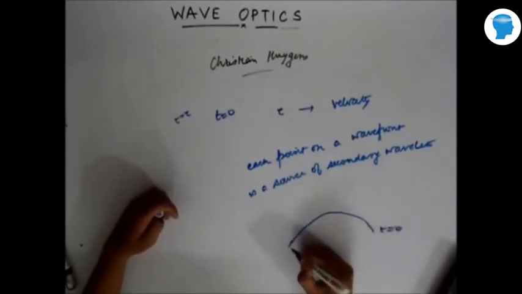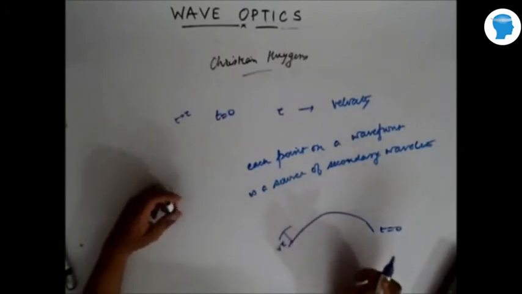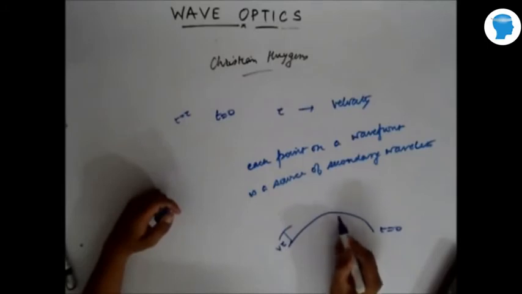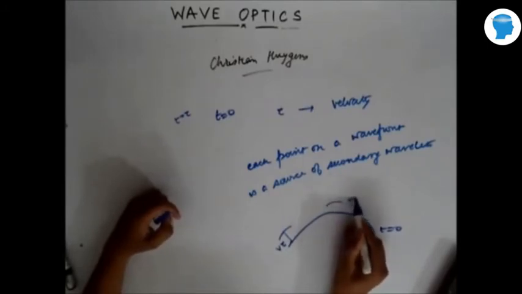Now this is a source of wave. So if I take time tau, I'll draw, let's say I cut an arc of radius v tau, because this distance is v tau. Similarly, from here I can cut an arc of v tau.